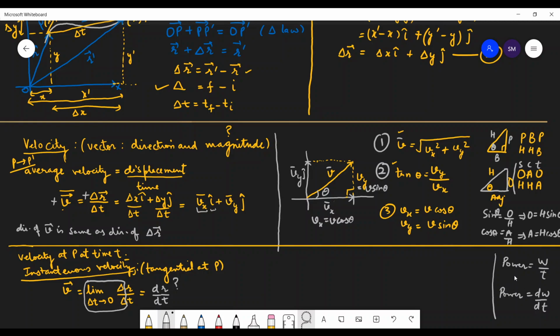Now tell me which one is average and which one is instantaneous. Obviously this is average power and this is instantaneous power. By just looking at the formula, you will be able to tell whether it is average or instantaneous.